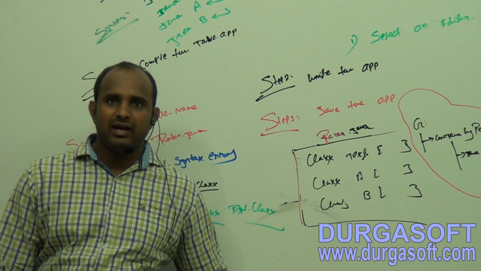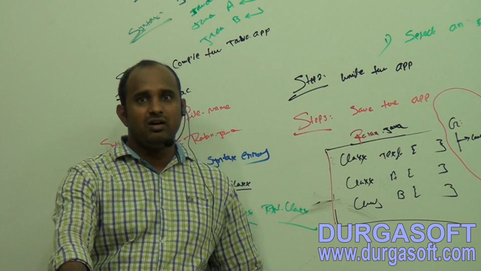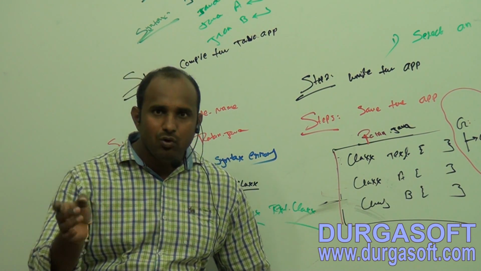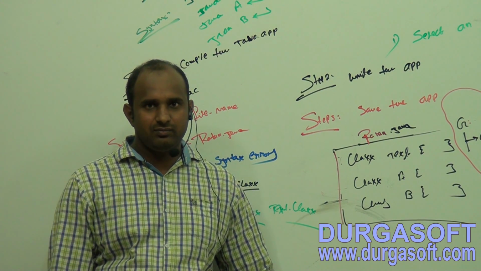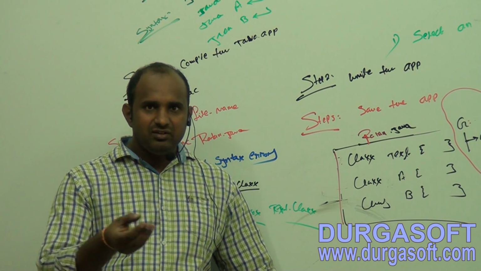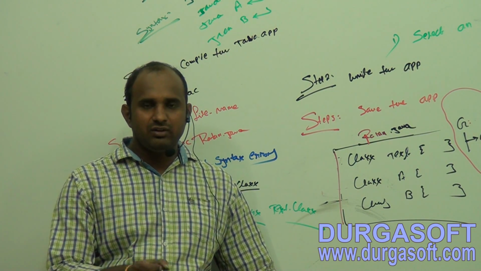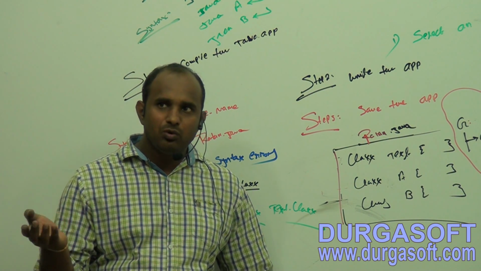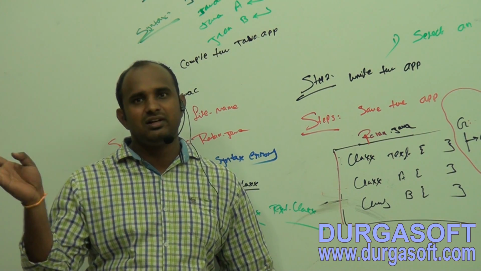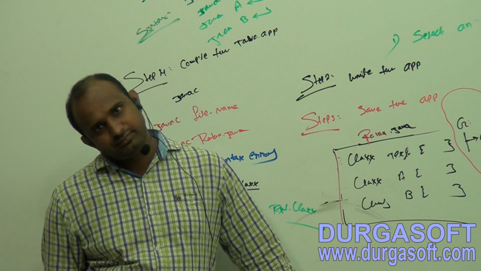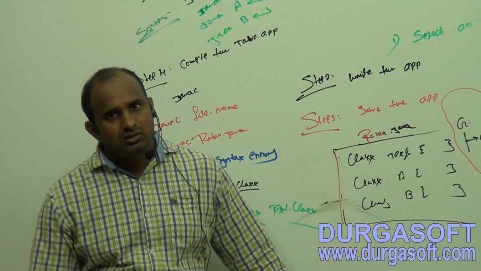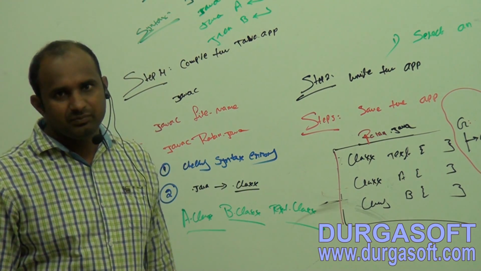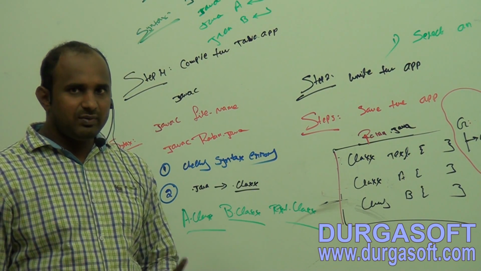How many predefined packages? 14. To perform basic operations we require some classes present in java.lang. Instead of importing every time, James Gosling decided to make it a default package. This is enhancement number 1. Clear?